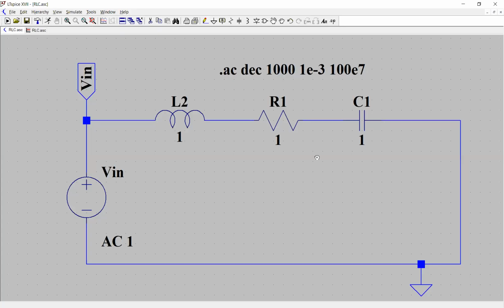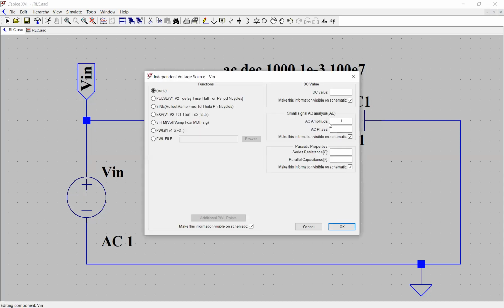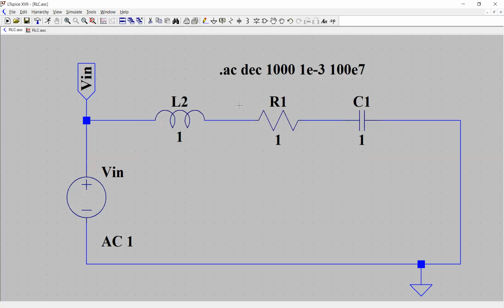So we see here we have the series RLC circuit. Inductance has a value of 1 Henry, resistance is 1 ohm, and capacitor, let's say 1 farad. We have a voltage source here, the AC voltage source, and we have set its value to be 1 volt. And we run the AC analysis.